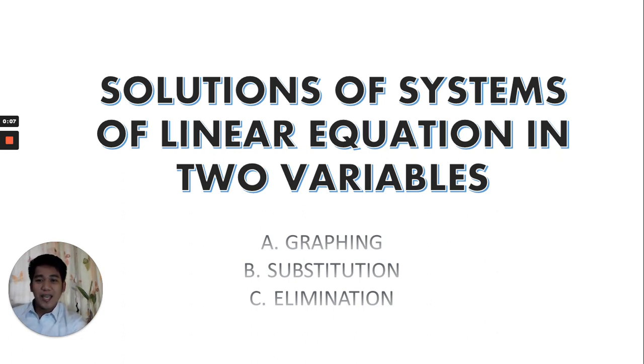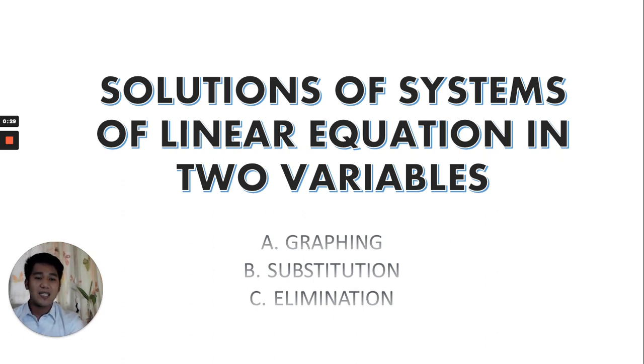So we're now in week 8 of our first quarter and our topic is solutions of systems of linear equations in two variables. We're done discussing how to solve linear equations in two variables, getting its solutions, and this time we're talking about systems.